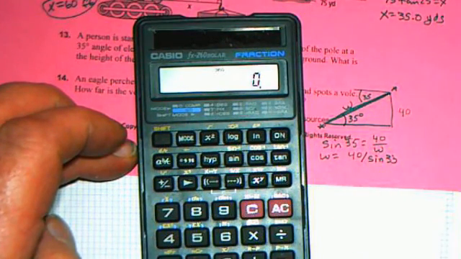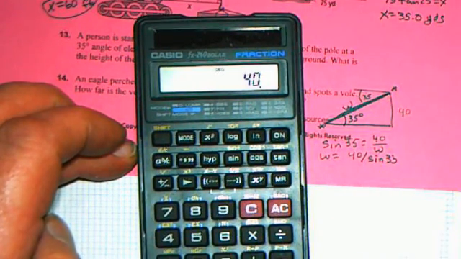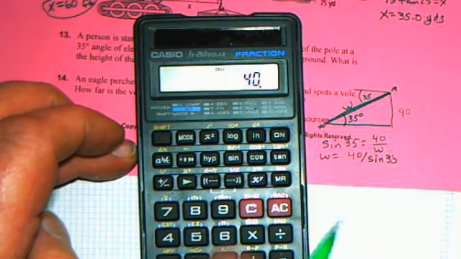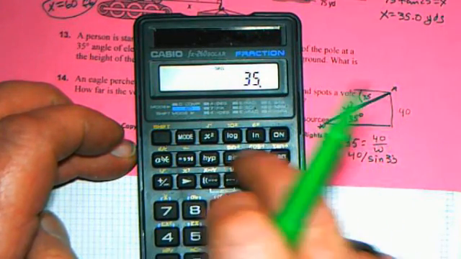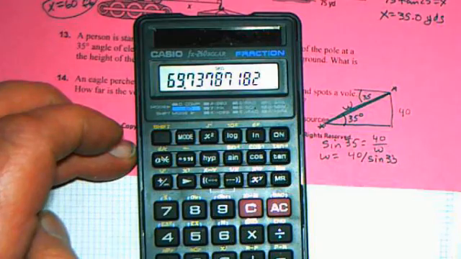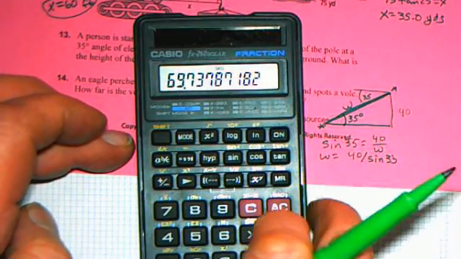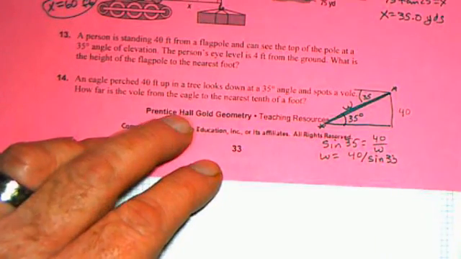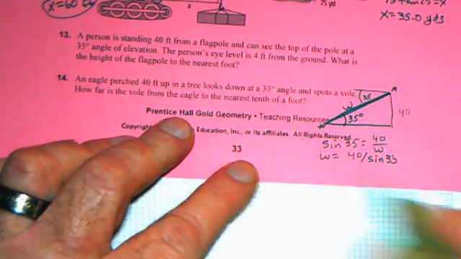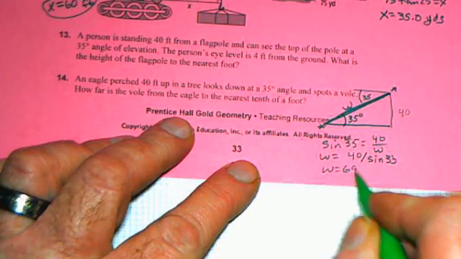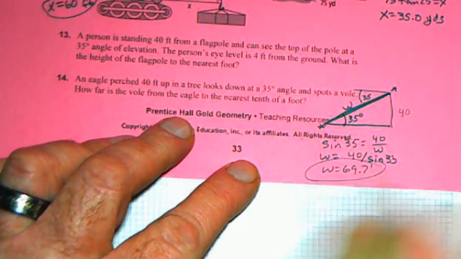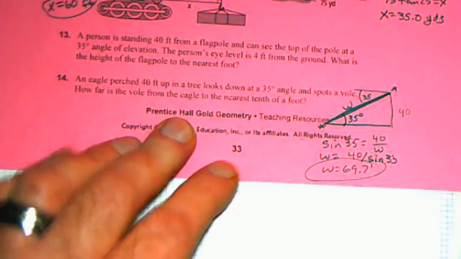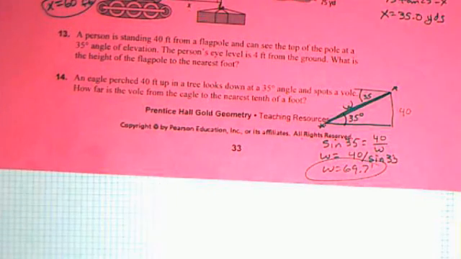So we want to do 40 divided by sine of 35 equals 69.73. Rounded to the nearest tenth of a foot, it's 69.7 feet. So the eagle is 69.7 feet away from the vole.